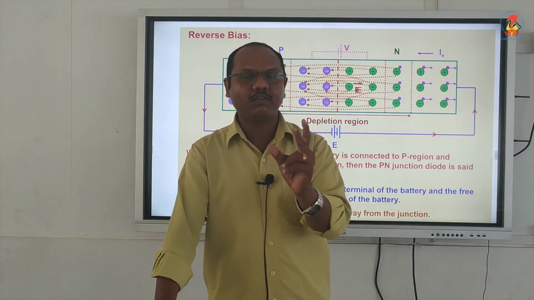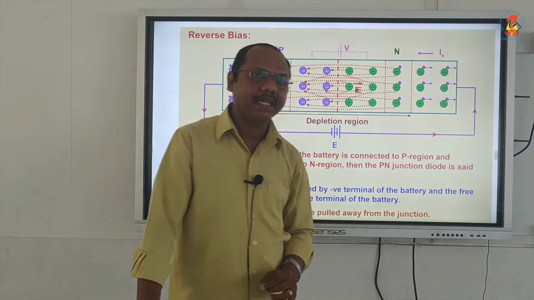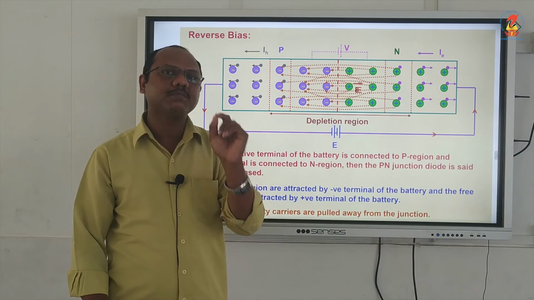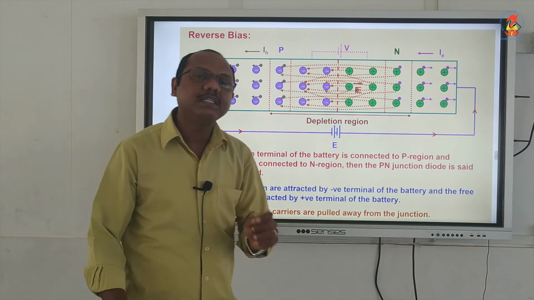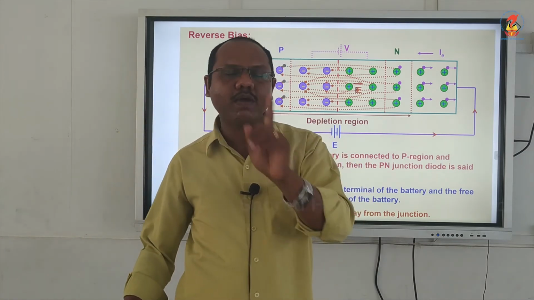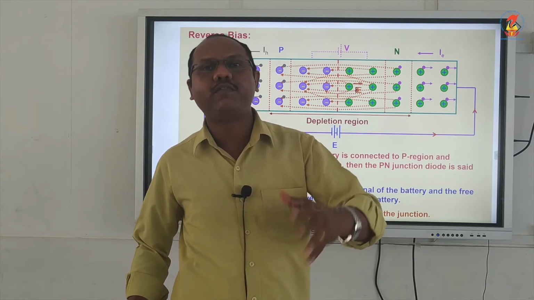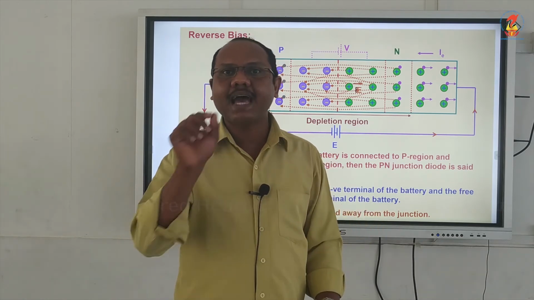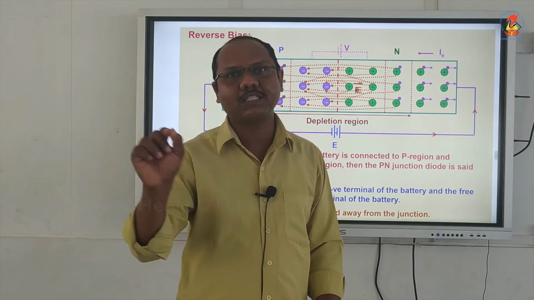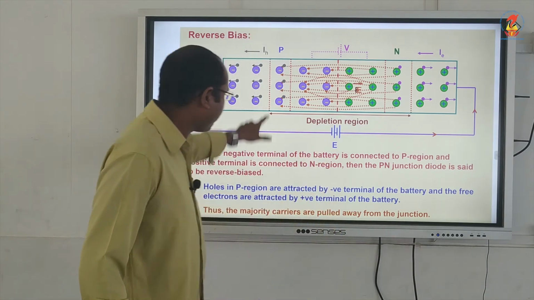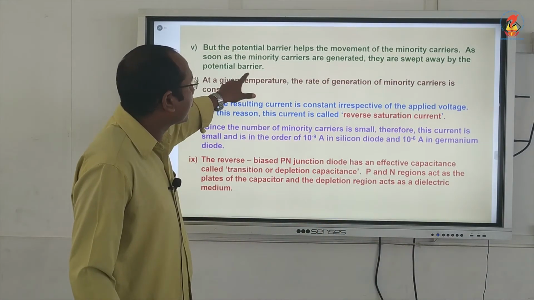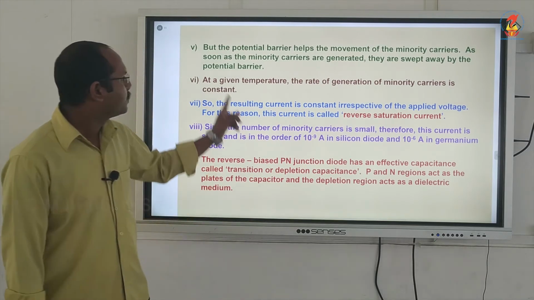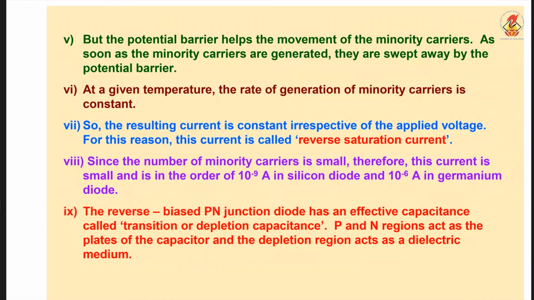As a result of the drifting of the minority carriers, a very small current, of the order of microampere, will flow through the diode, and that current is called reverse saturation current. At a given temperature, the rate of generation of minority carriers is constant.